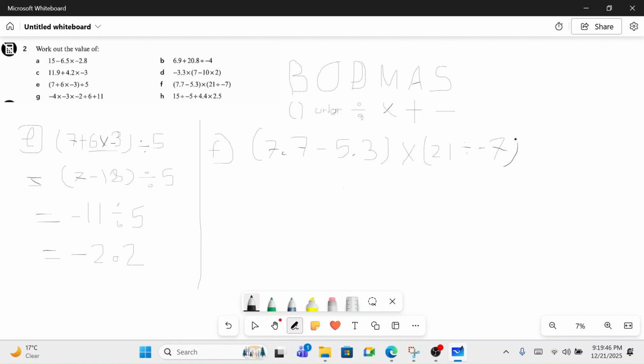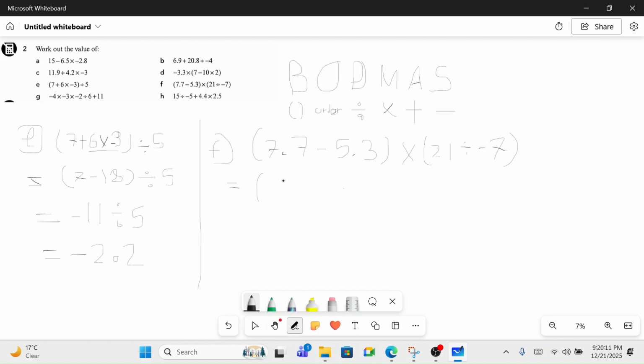Okay, so let's do it. I suggest you could do this in 2 ways. You could either do these standalone, or you could do them both at the same time. For me, I'll first do this one, then proceed to this one.